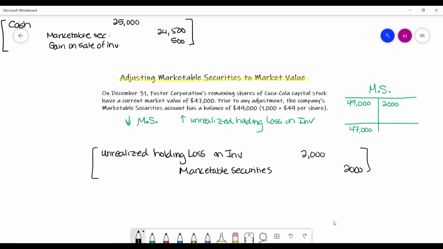Now, this is an interesting topic because although for the scope of this class we won't really go beyond these types of journal entries and this kind of analysis, it's important to note that GAAP has recently changed its accounting treatment of these unrealized holding gains and losses on investments. So as far as I understand, in Connect, this is still the account name, unrealized holding loss or unrealized holding gain on investment.